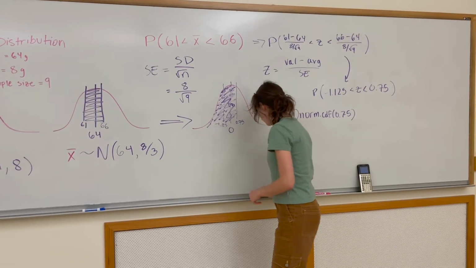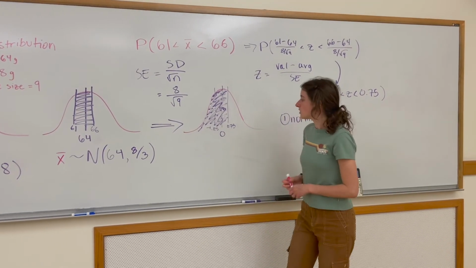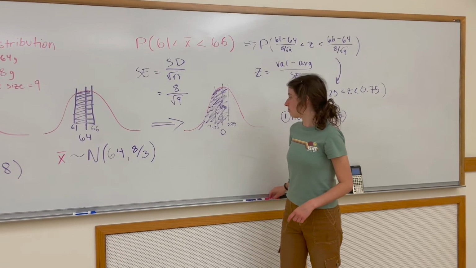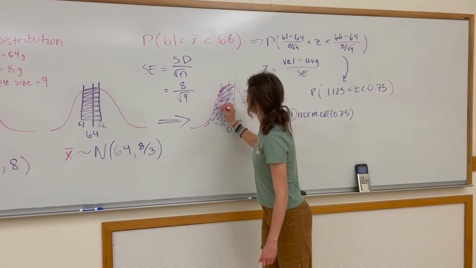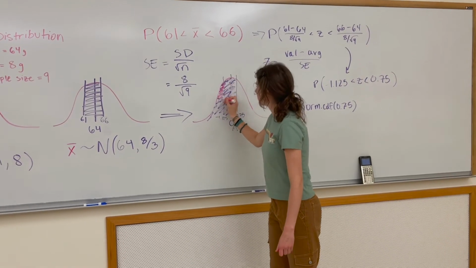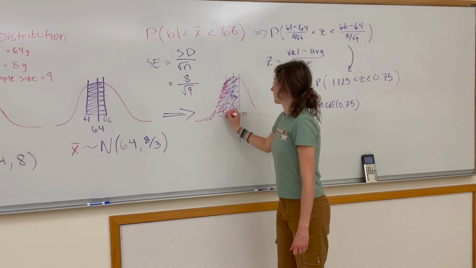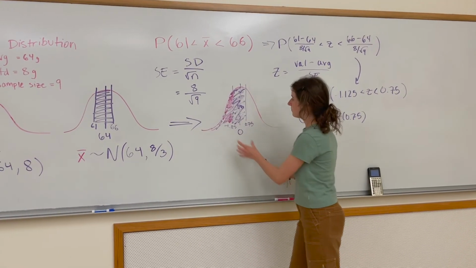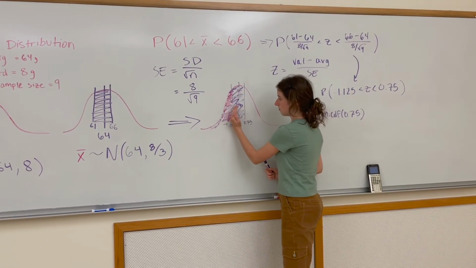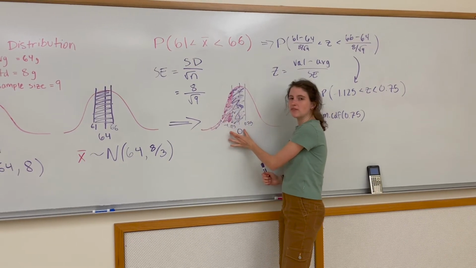But let's think about it. What's norm.cdf of negative 1.125? That's this area here. We scratch it out. It goes down to negative infinity. And if you look at the area in between, what's left, this minus this is the range in the middle, if that makes sense.